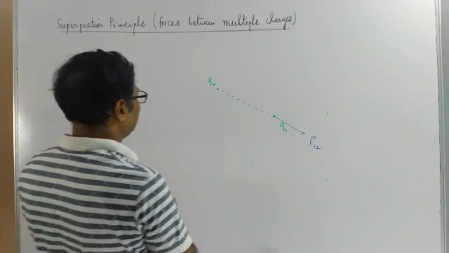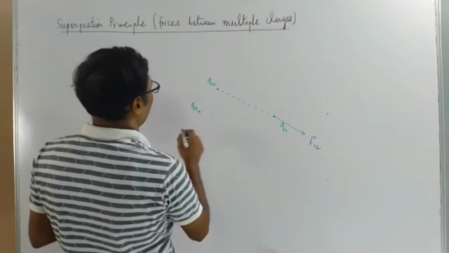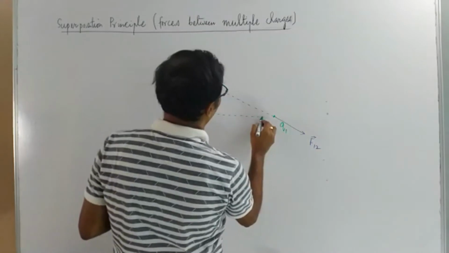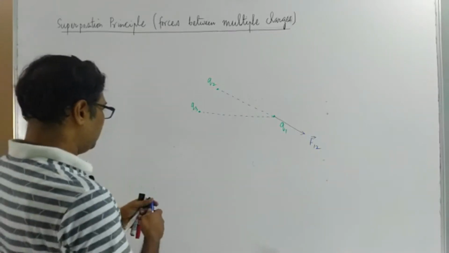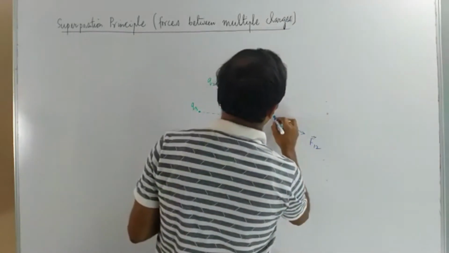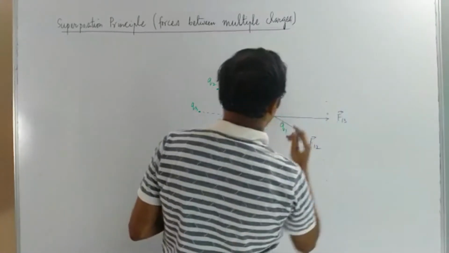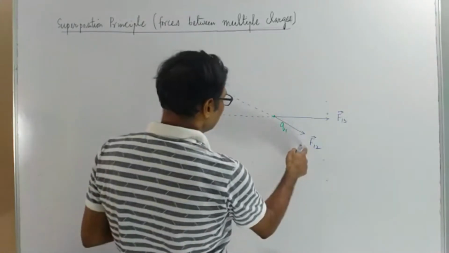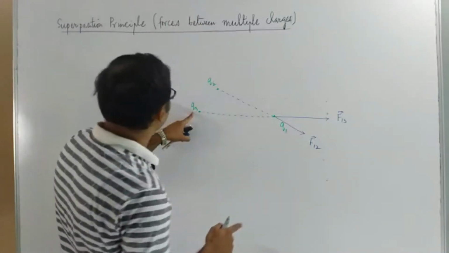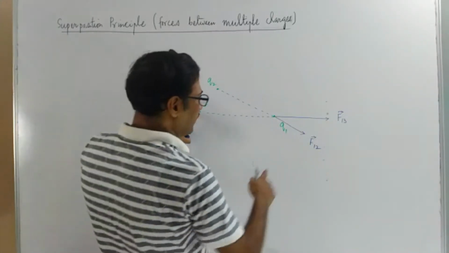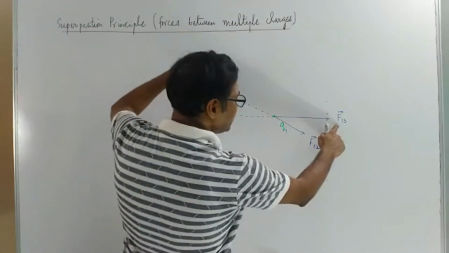If we consider the second charge Q3, and I am calculating the force on Q1 due to Q3, then this should be represented by F13. Mind that when I am calculating F13, this force is not affected by the presence of Q2.